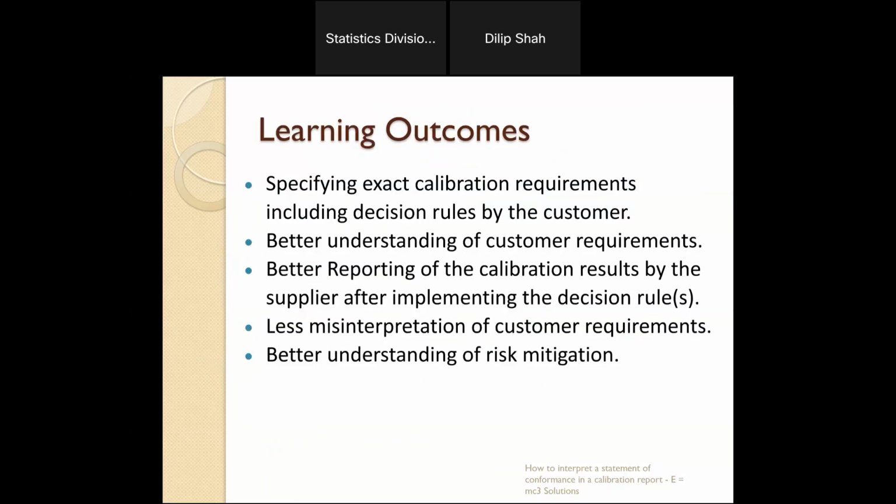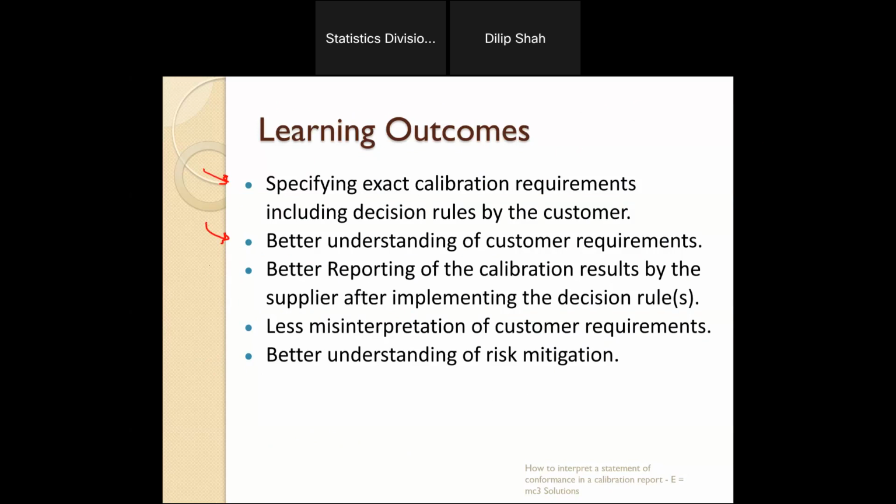Okay, so just to wrap this up, we need to make sure we specify exact calibration requirements, including decision rules. If you're a calibration provider, then you want to make sure you understand the customer requirements.